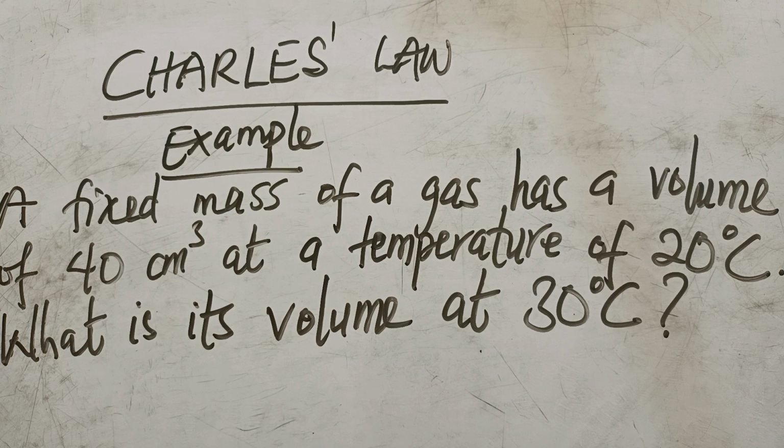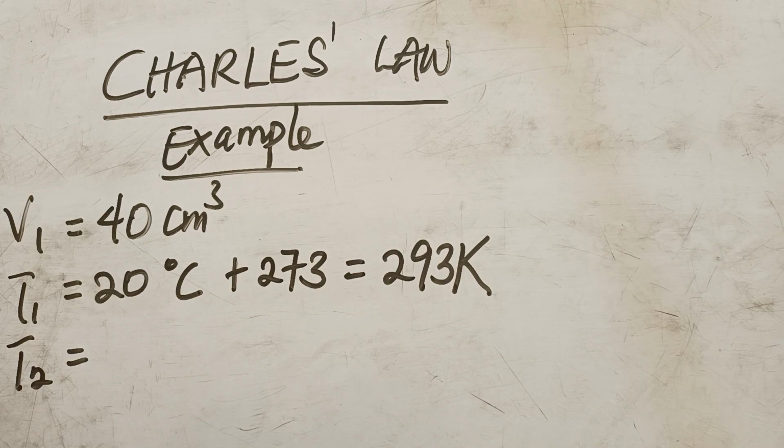Now we understand that the temperature we describe using Charles's law is an absolute temperature, and that is one measured in Kelvin. So whatever temperatures are given to you in this example, you would have to first change them from degrees Celsius into Kelvin.